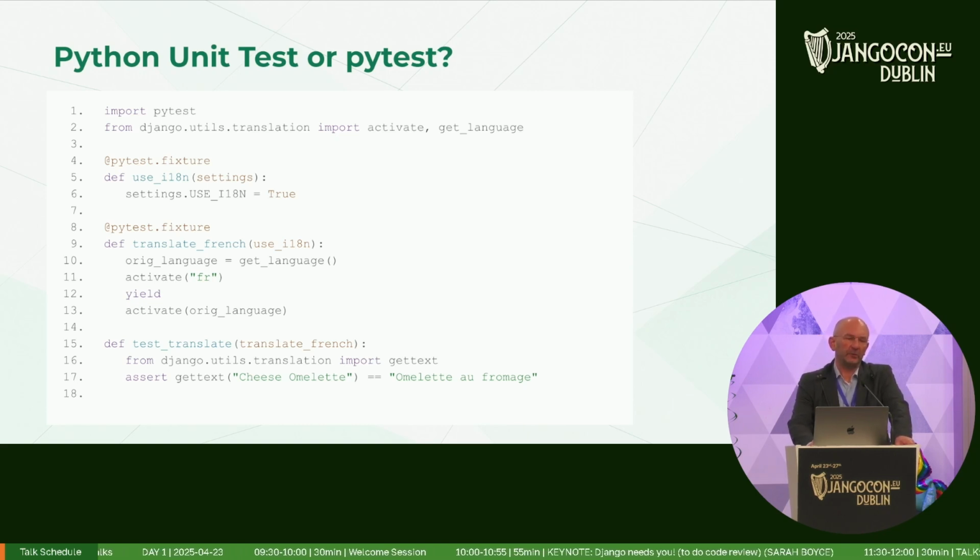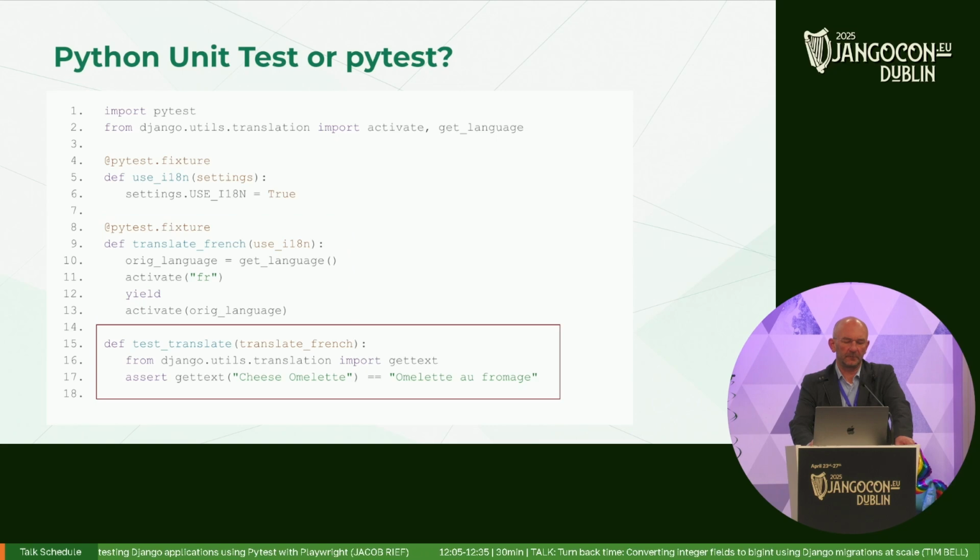This allows us to nest fixtures. Here in the first fixture, we override the Django settings. In the second fixture, we use the yield keyword. So everything before yield is doing the setup, and everything after the yield keyword is doing the teardown. The second fixture then is injected into the test function.